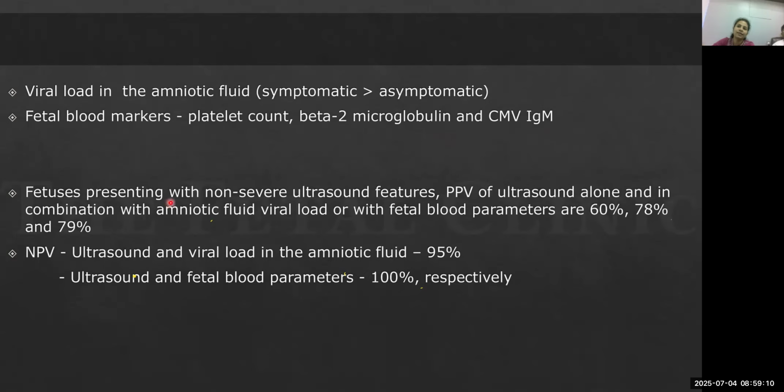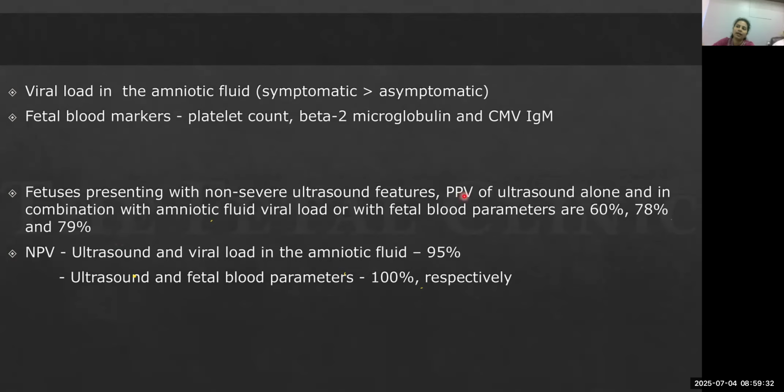So when the fetus presents with non-severe ultrasound features, the positive predictive value of ultrasound alone, in combination with an amniotic fluid viral load and other fetal blood parameters like platelet count, is 60, 78, and 79%.